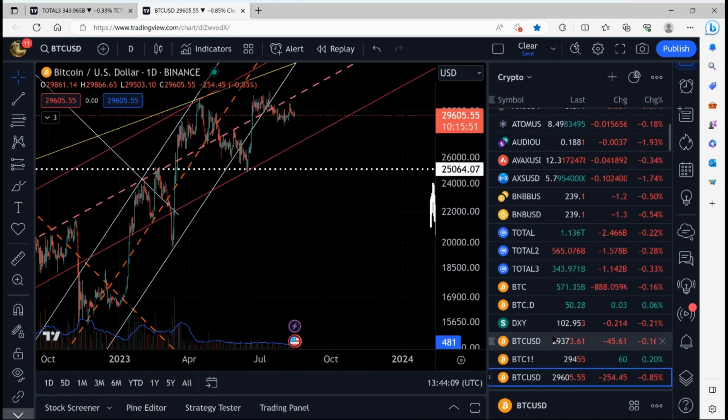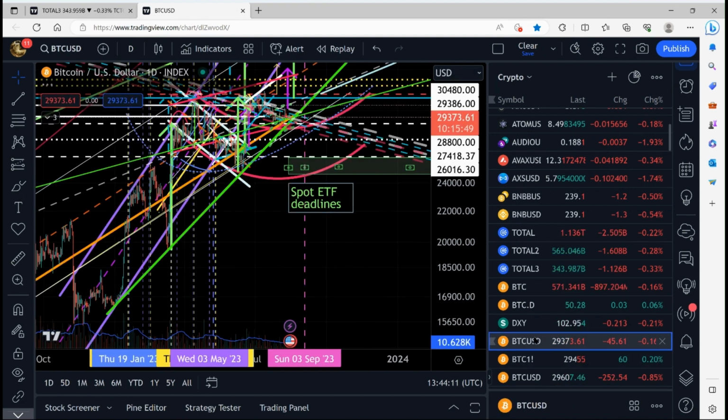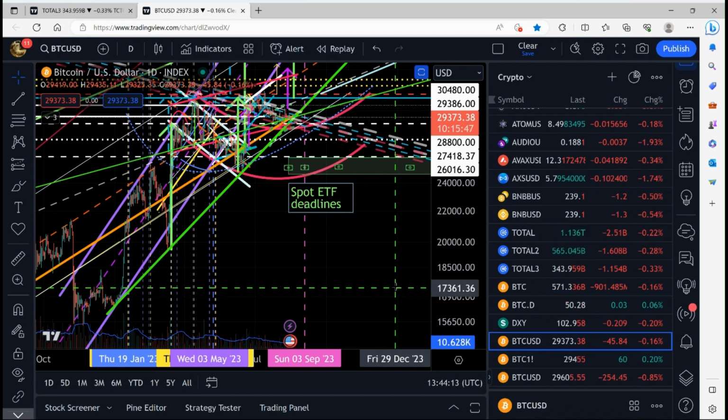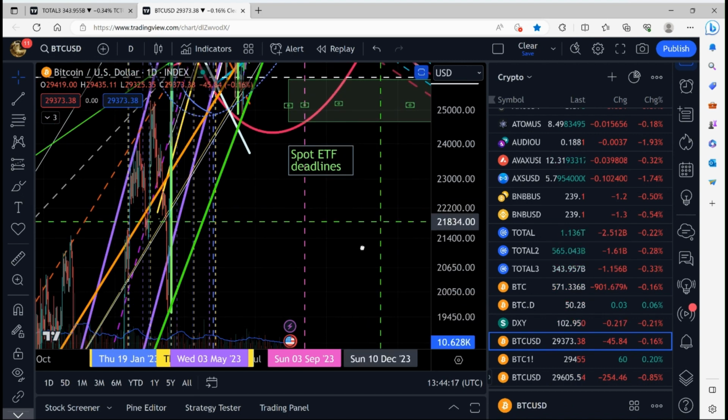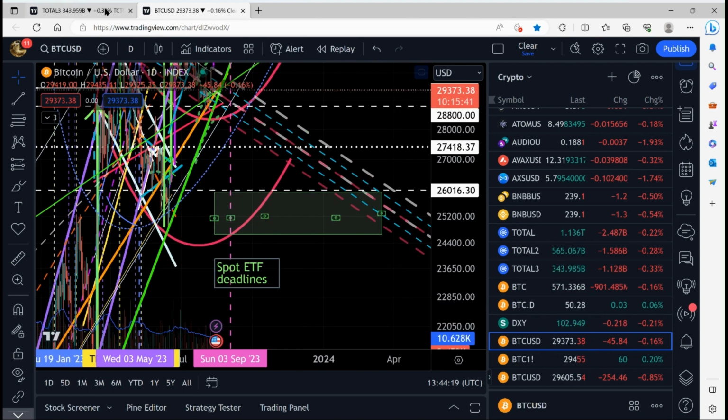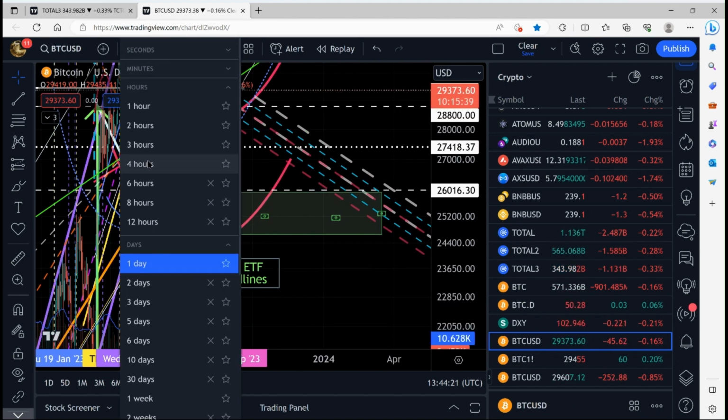Oh, I'm on the wrong chart. That's why. That was confusing. Oh, look at that. This is what I want to see. Actually, let's go to an hourly. The hourly's cleaned up a little bit better.